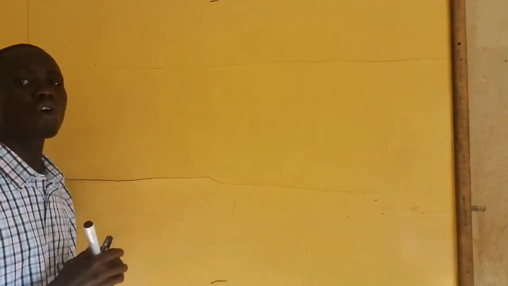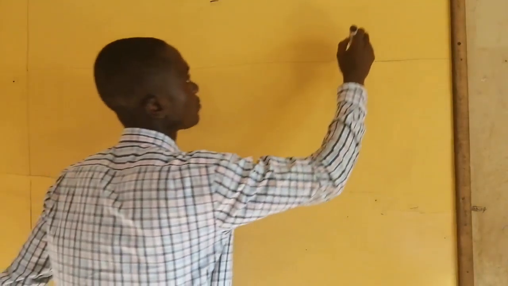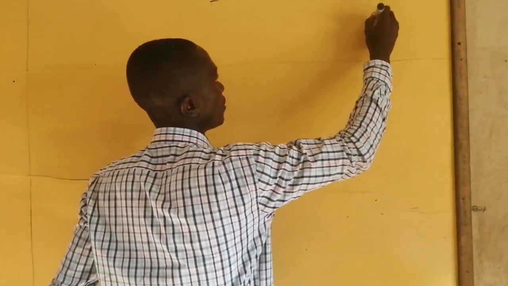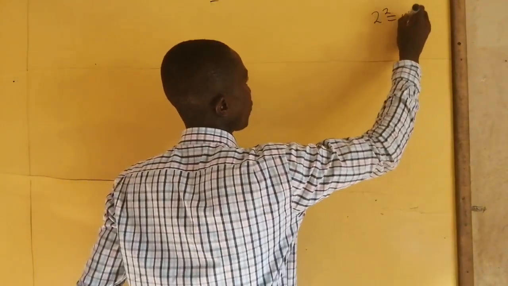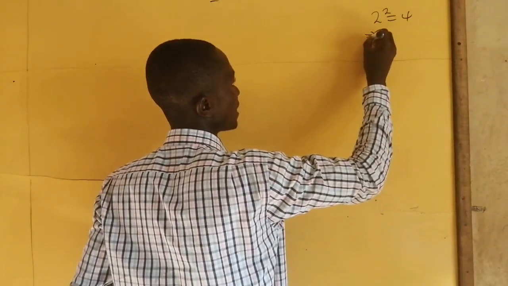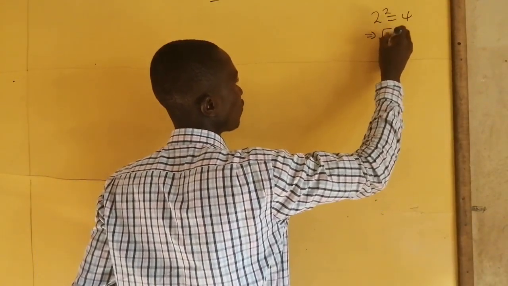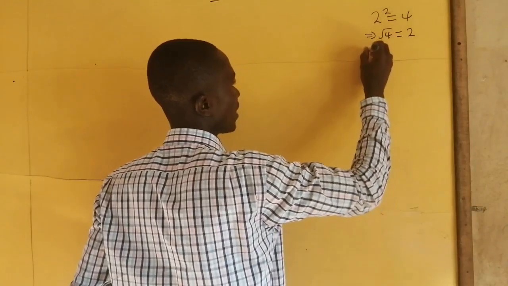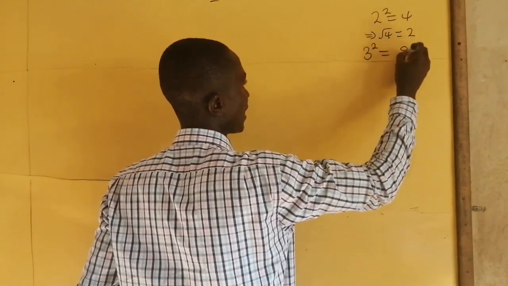Now, the whole idea is very simple. Let us recall what we call perfect squares. That is, if I take 2 squared, I get 4. This implies that the square root of 4 is 2. If I take 3 squared, I get 9.